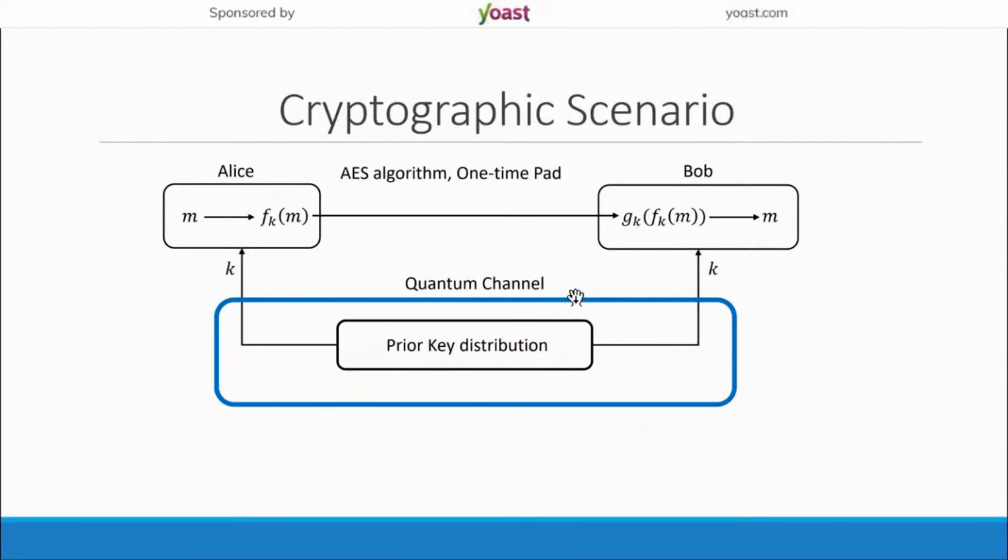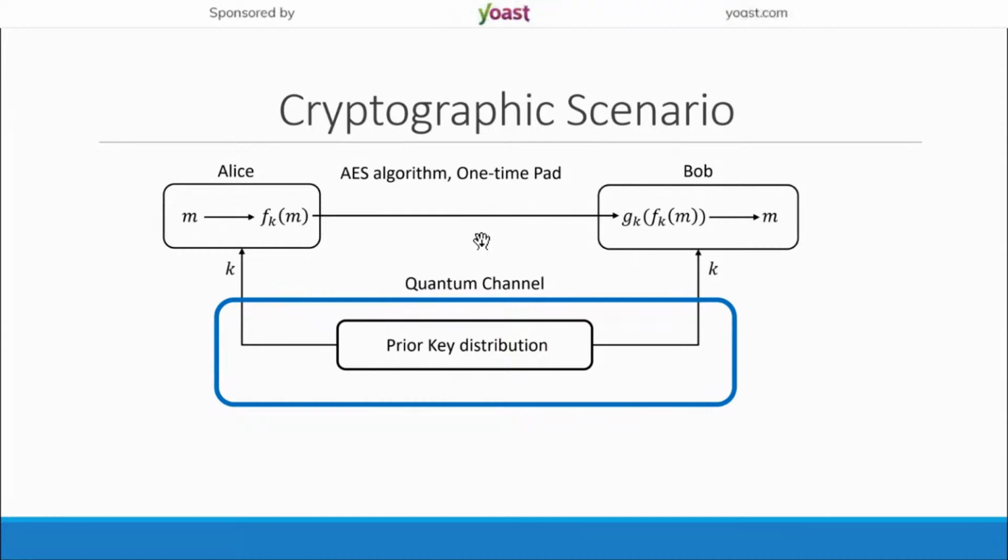What does it mean? This means that now we have the luxury of using quantum states in order to send the key K to both of the parties. And then they can, of course, use one-time pad, which I might explain a bit later, to encrypt and decrypt their messages.